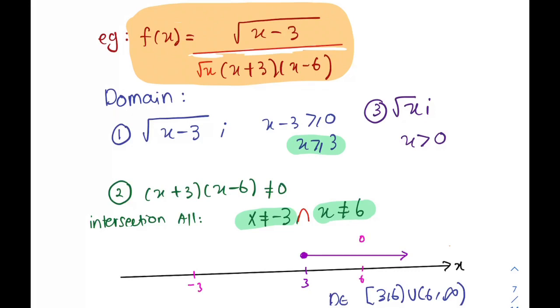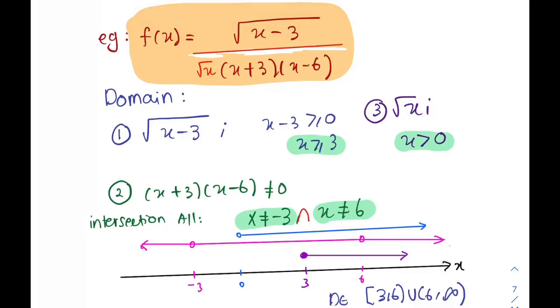So you have a hole at these two sides here, and then the rest of them is included. Let's draw like this. Next, the last one, x must be more than 0. So let's graph it. 0 is somewhere here. It must be more than 0.